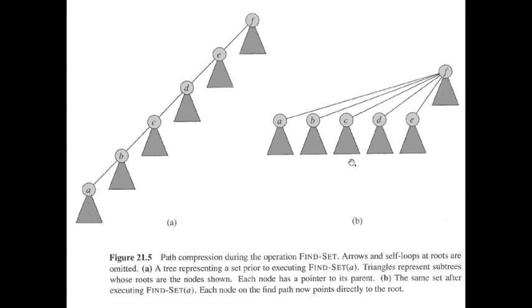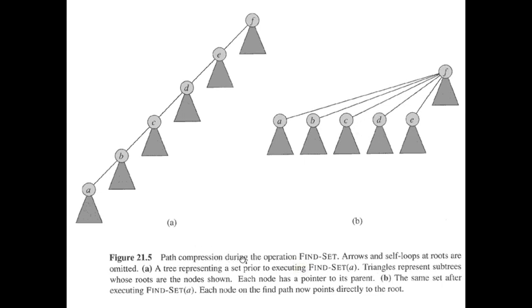This gives you a reduction in find set: find set A will directly give you the answer F, find set B will give you the parent F, and so on. This is actually the path compression.